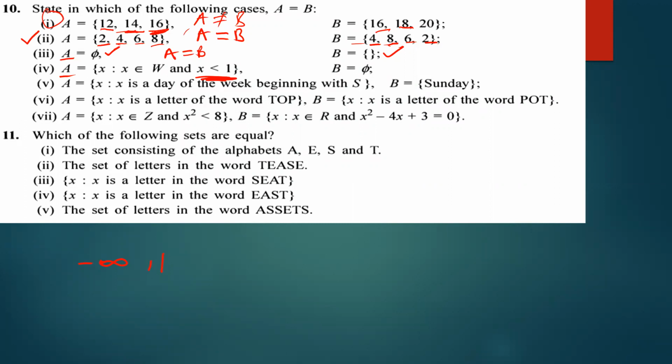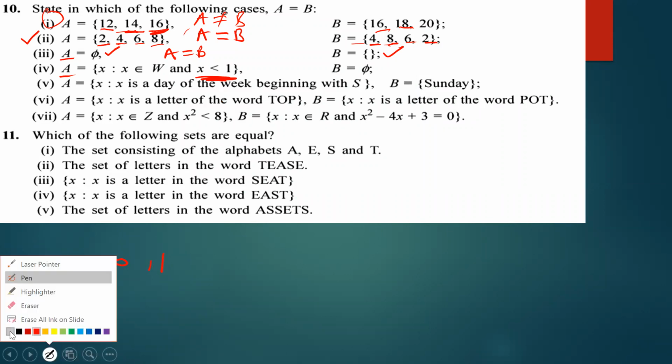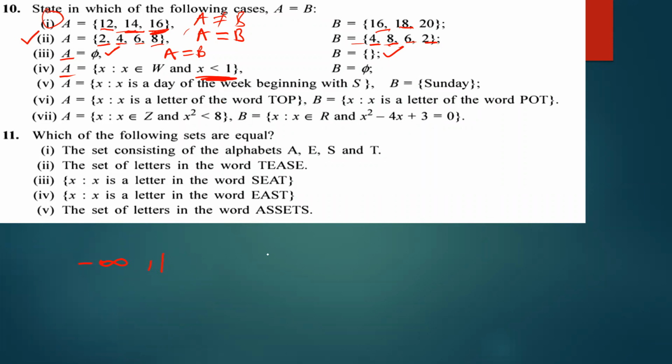Oh, sorry. I've confused the integers with the whole numbers. Once you add the negatives to the natural numbers, you come up with the set of integers. Sorry for that. Let me write the whole numbers here. Whole numbers are the same natural numbers.